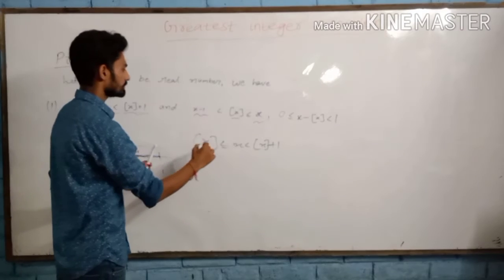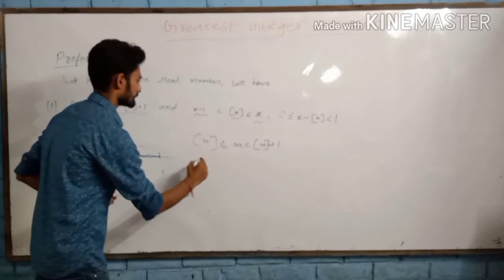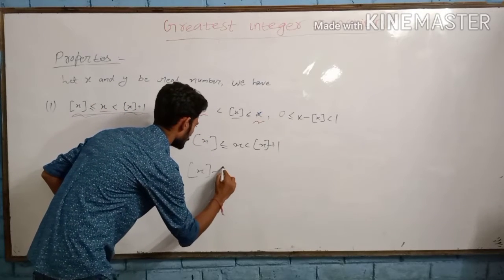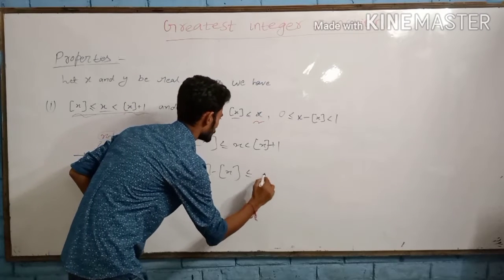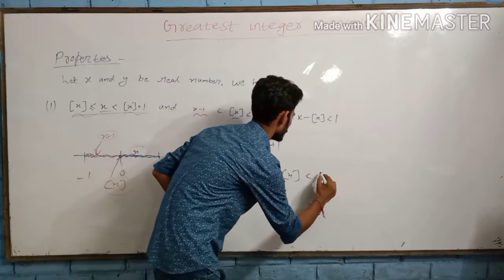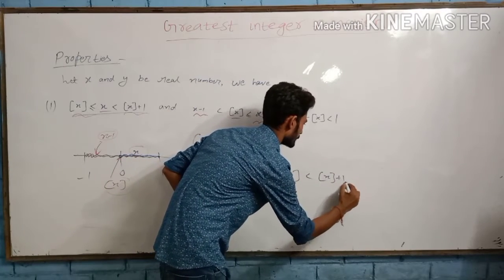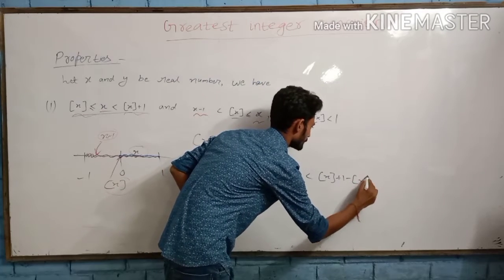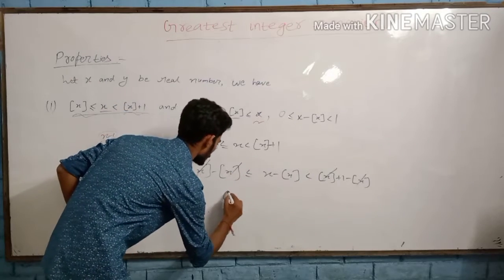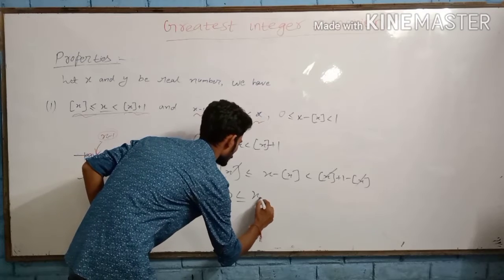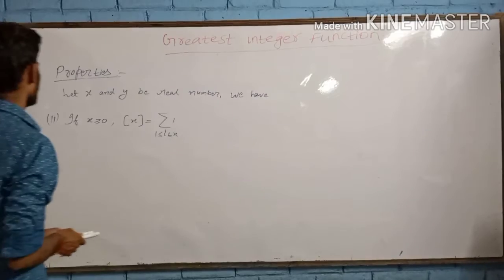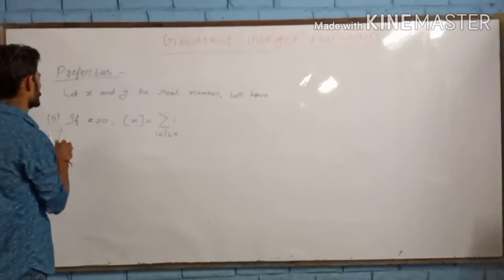Now subtracting box x on this: box x minus box x less than or equal to x minus box x less than box x plus 1 minus box x. So this is cancelled here and this is also cancelled here. So from here we can see that x minus box x is greater than or equal to 0 and less than 1. Let's see another property, number 2.